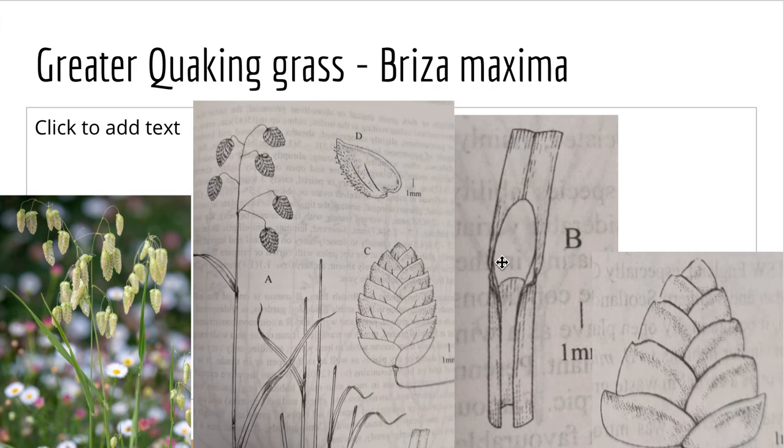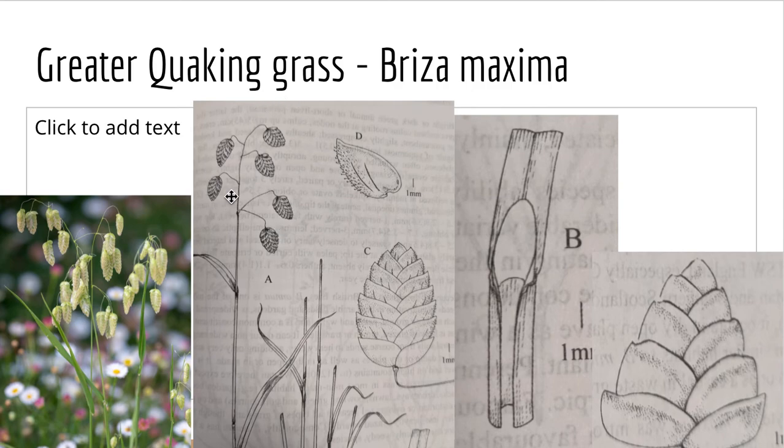It's quite a tall ligule, a bluntly rounded membrane ligule. And if you look at the spikelet, very distinct. Sorry, not this one. This one. Very, very distinct. And there's not many per spike.